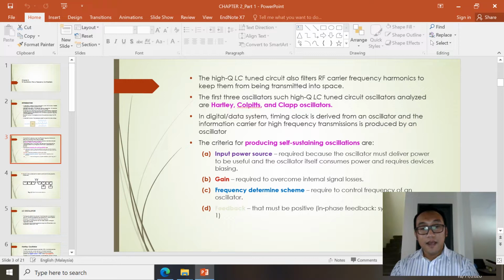How big the signal can be expanded to be a very huge carrier. And the third is frequency. Of course, when we create a carrier using an oscillator, that means we create a frequency, a wave. And finally, feedback. Everything we create, we need to know how good it was, depending on the feedback.